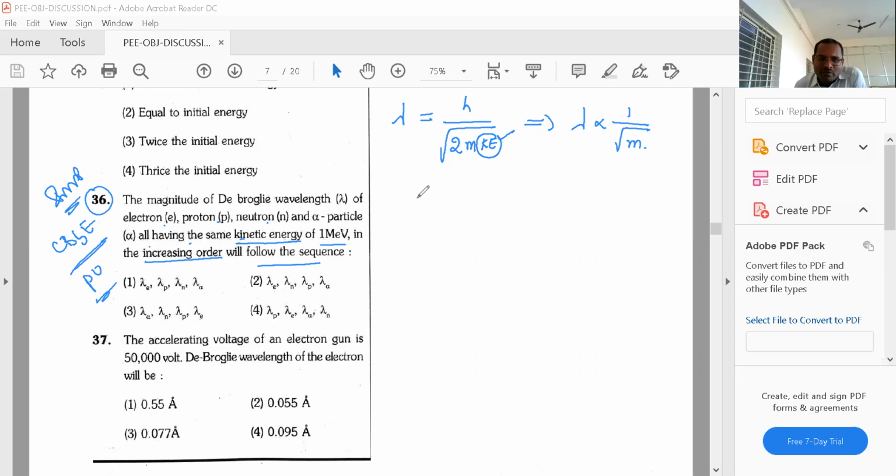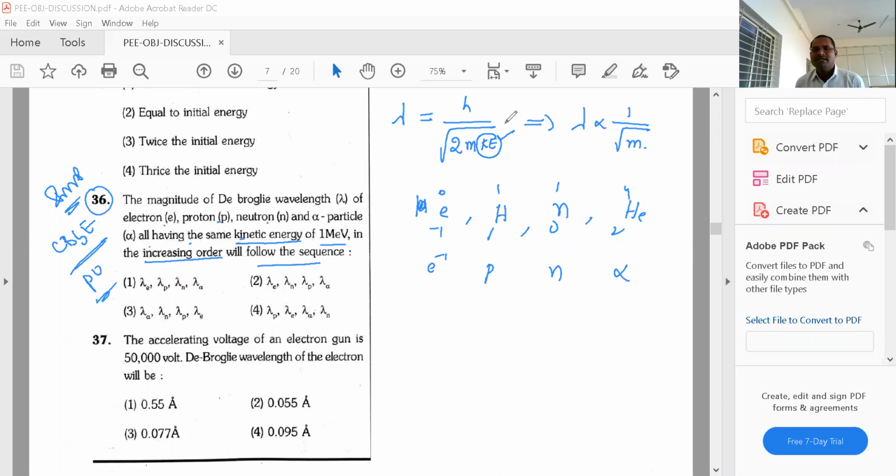They are asking first about electron, then proton, then neutron, N01, and then alpha particle, helium-24. Yes, this is electron, this is proton, this is neutron, and this is alpha particle.